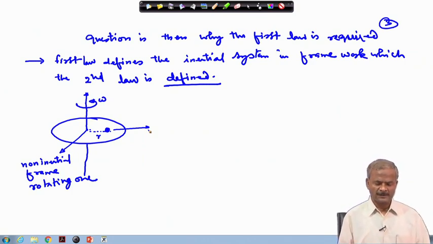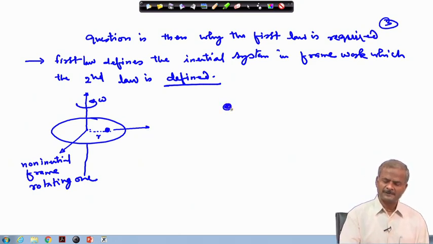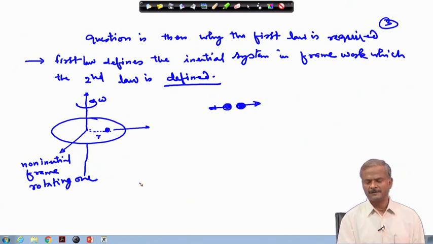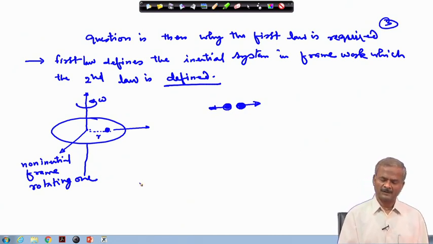And the third law, which is very obvious: if we have two bodies, like two masses colliding together, this will apply a force on this one in this direction, and this will apply a force here in this direction, and these forces will be equal and opposite to each other.